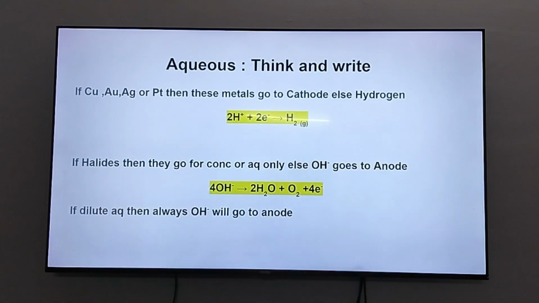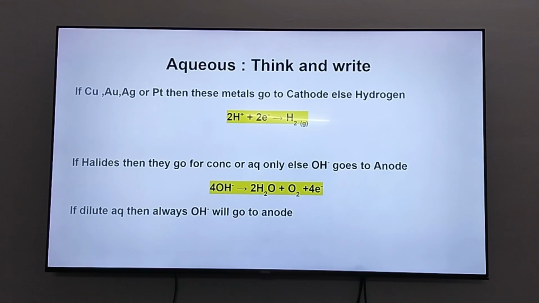Moving to aqueous solutions. Now this is an important one and asked in examinations more often. If copper, silver, gold, or platinum are there in the aqueous solution, then they go to the cathode. Otherwise, hydrogen goes. Aqueous means any compound dissolved in water, hence water is also present.